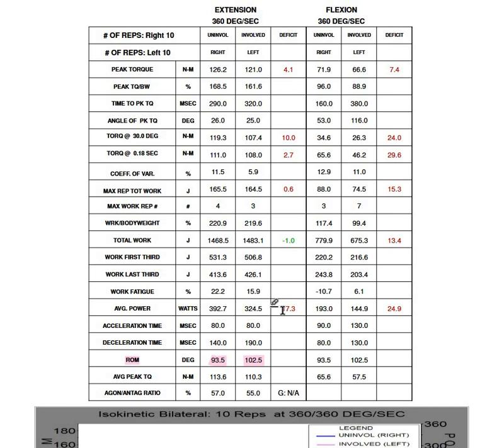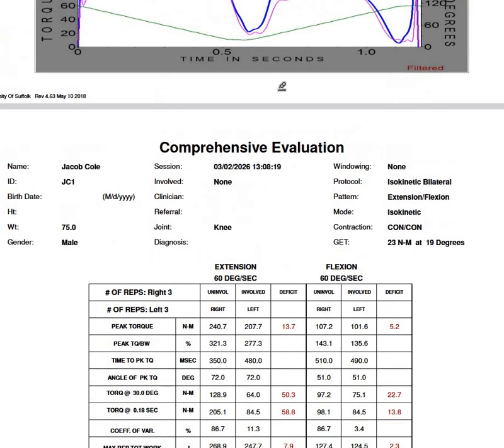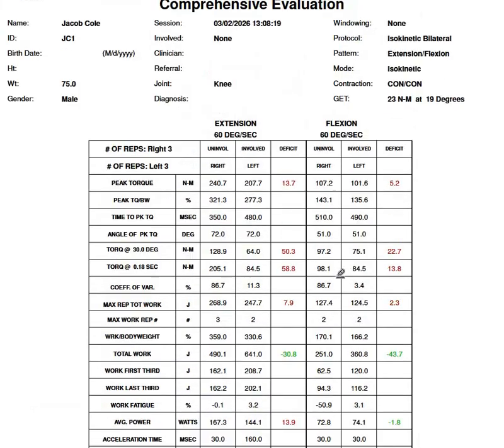But where this becomes interesting is when we compare with other tests. So this is the 360 degrees per second angular velocity. If we just scroll down to the 60 degree per second test, we see that range of motion is now 88.3 and 97.2.